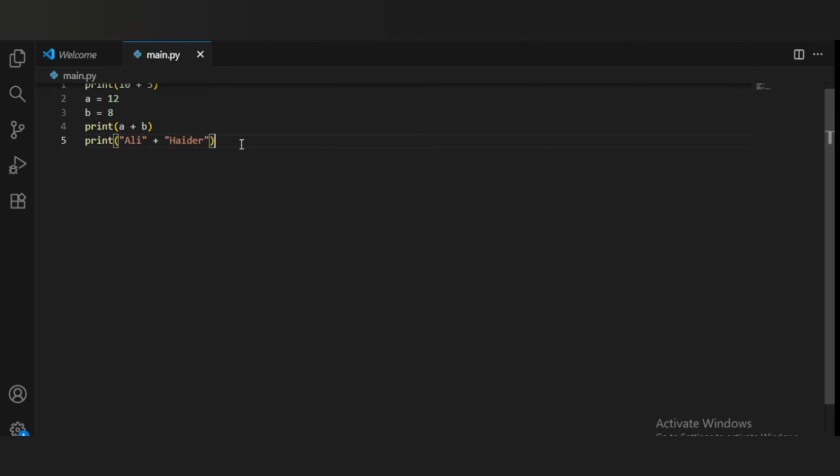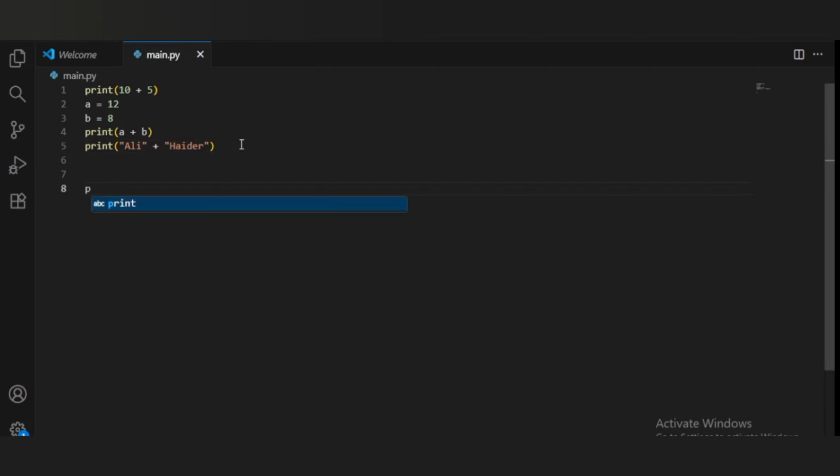Now I move on to the subtraction operator, which subtracts the second value from the first value. For example, first I will write here subtraction values.